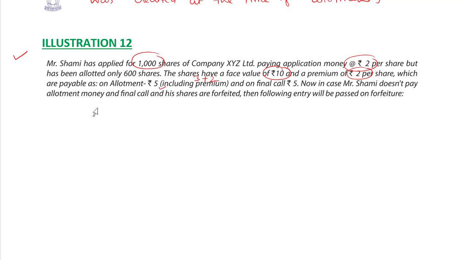Now, in case Shami doesn't pay allotment money and the final call, his shares are forfeited. The following entry will be passed for forfeiture.